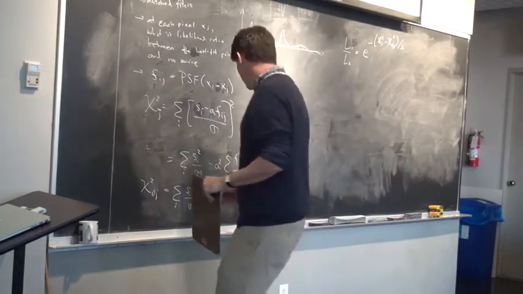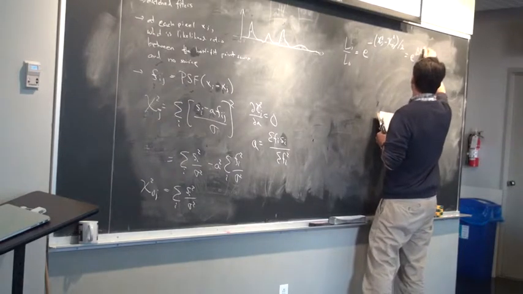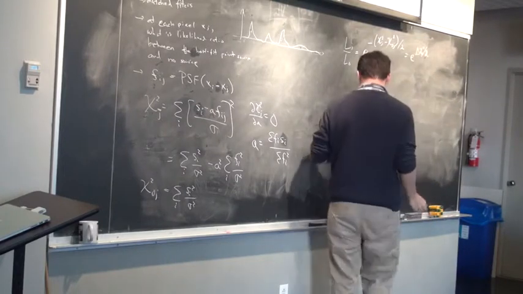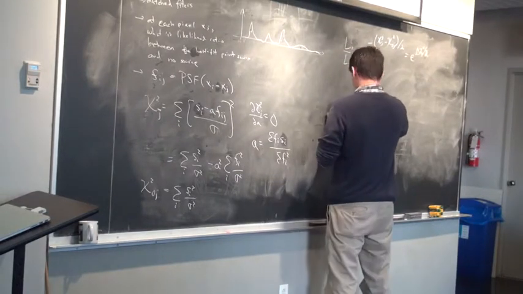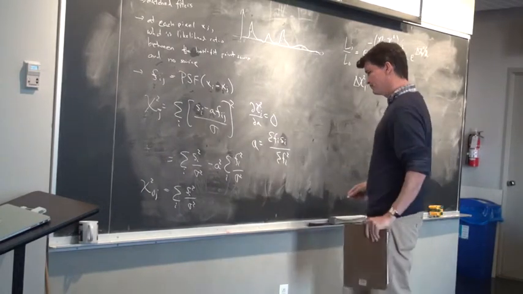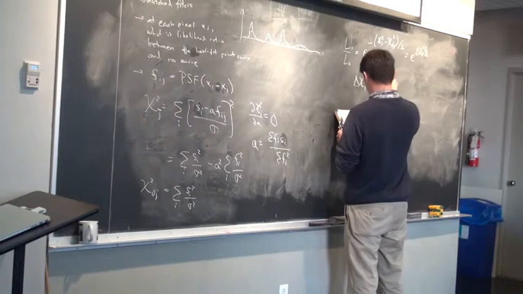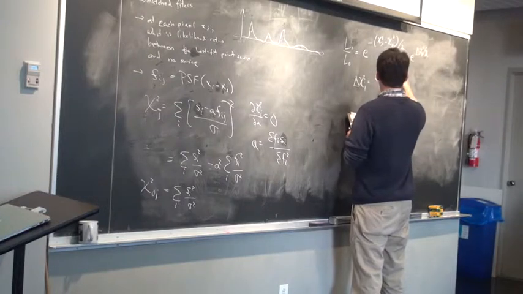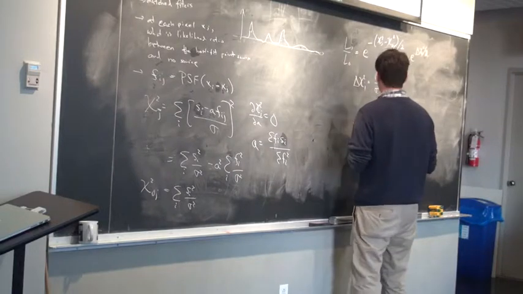And if I call this difference delta chi-squared, I can write this as e to the delta chi-squared over 2 at j. And this delta chi-squared at j is equal to this thing, and if I plug this in here, I can write this as the sum over Fij Si squared over sigma squared, over the sum over Fij squared.